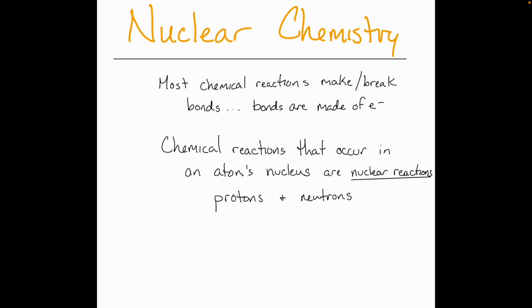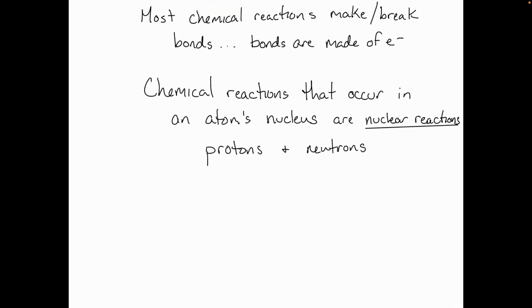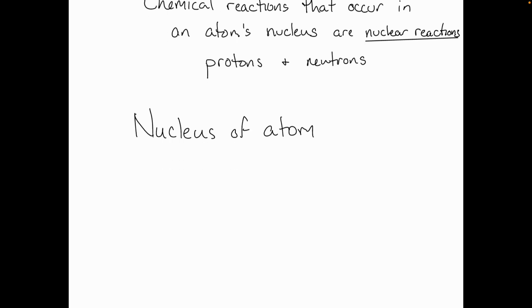Okay, so we got some terminology to learn here. Let's zoom in on the nucleus of an atom. The subatomic particles that live in the nucleus of an atom, again, protons and neutrons, are what we call nucleons.